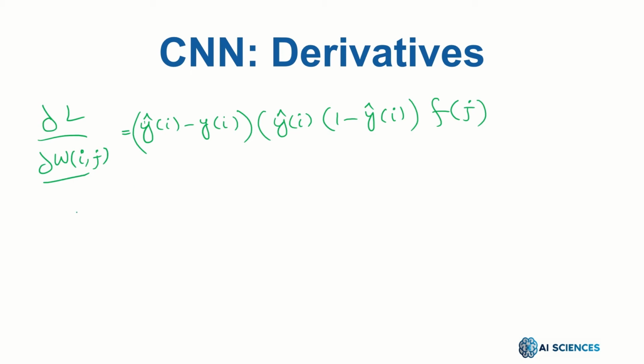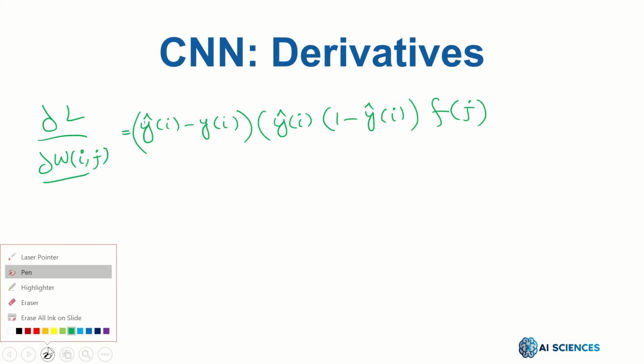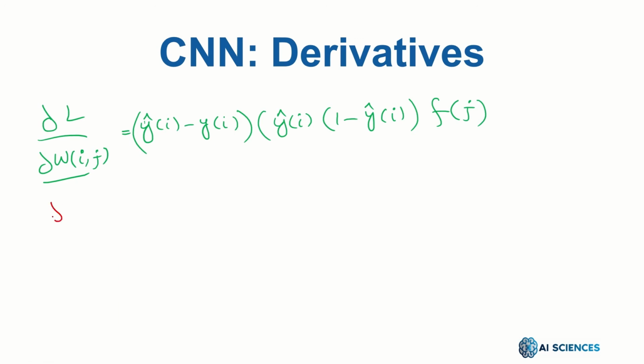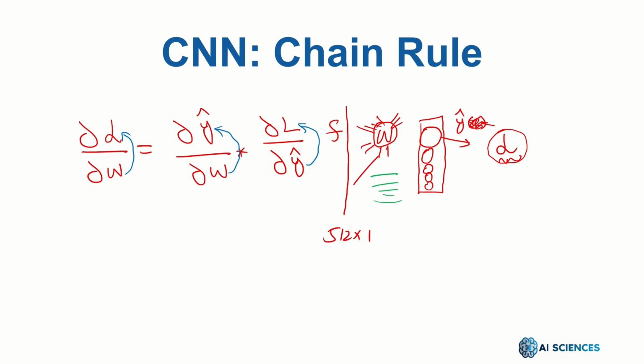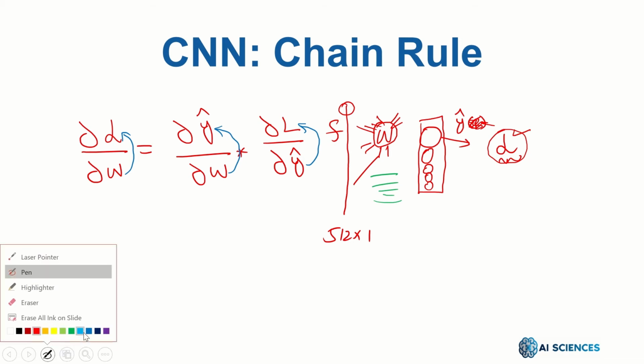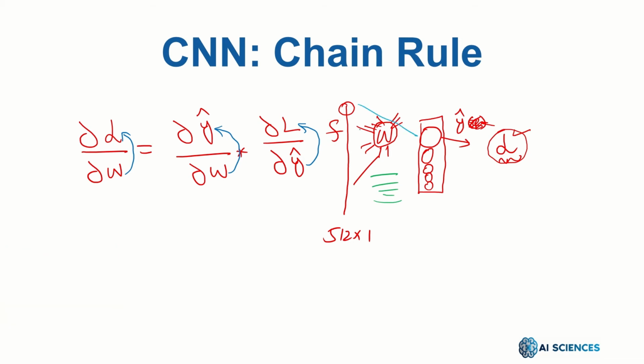Now let's compute the derivative of the loss function. Remember, we always have to compute the derivative of the loss function. So that's our loss function. Let's compute the derivative of the loss function with respect to a particular entry fj, just to apply a chain rule. If you see how this particular entry is impacting our loss function, it can impact our loss function through this neuron, or this neuron, or this neuron, or this neuron, or this neuron.